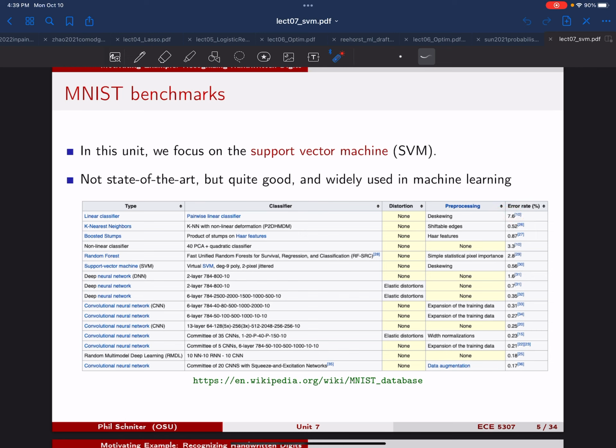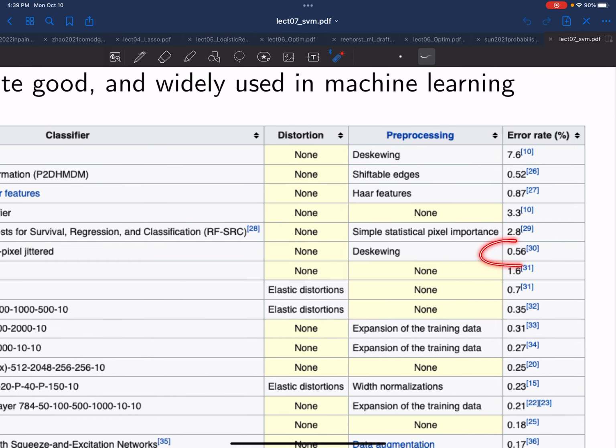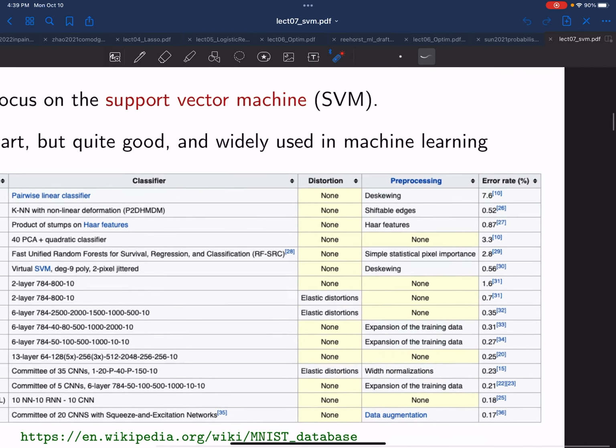Some other things we haven't learned, k-nearest neighbors, boosted stumps. So we'll learn about this kind of stuff when we talk about tree-based methods. Random forests, we'll learn about them. But basically, support vector machines are getting about 0.56% error rate.